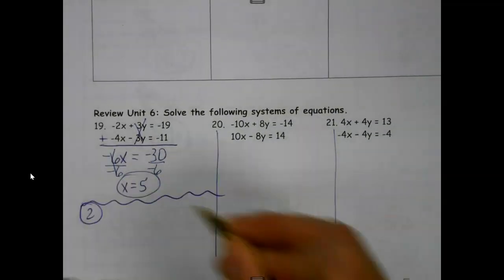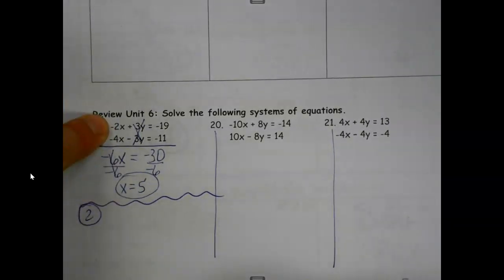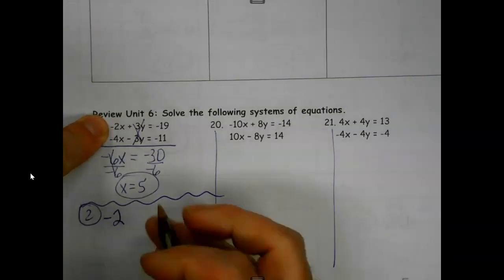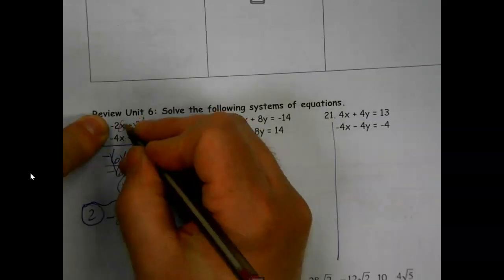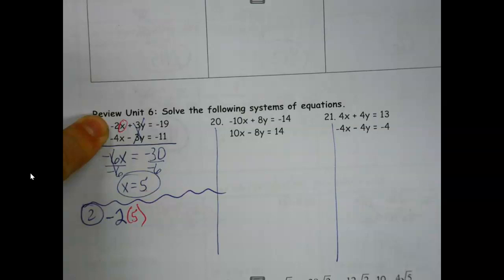So for part 2, you can take either equation. I tend to always go to the top one. Depending on what variable it is you found in the first part, so I got x here, I'm going to replace the x with that number.